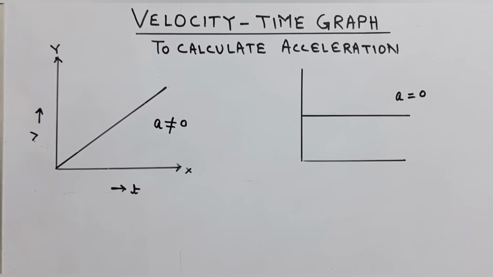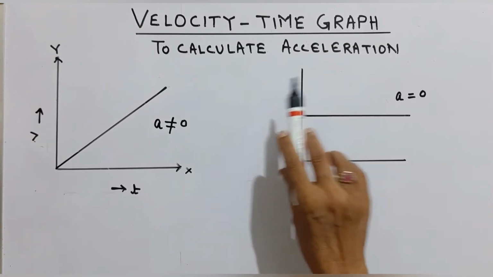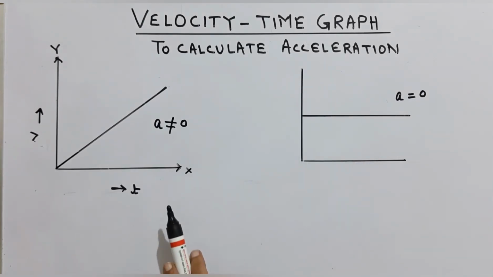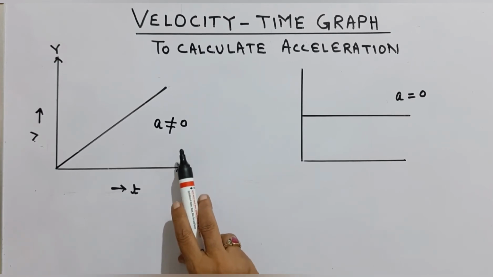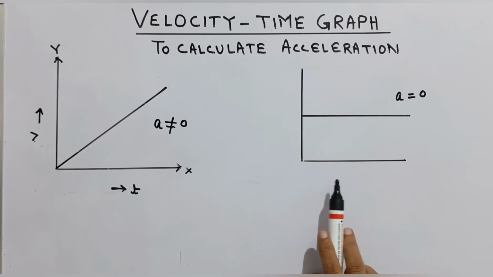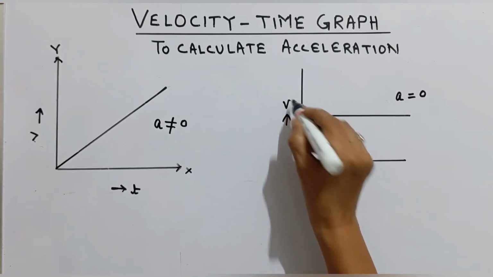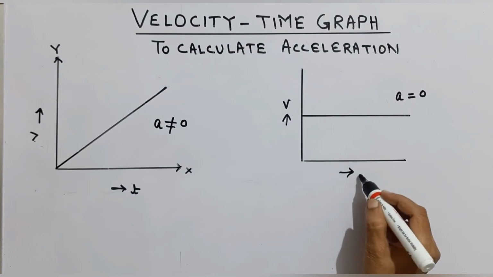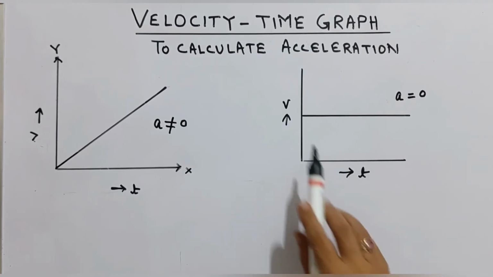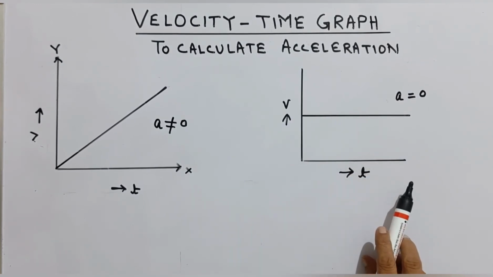Now let us see how we can calculate acceleration from a velocity time graph. Here we have two graphs. One is for uniformly accelerated motion where acceleration is not equal to 0, and the other one, as we have seen, is a velocity versus time graph that is a straight line parallel to the x-axis.